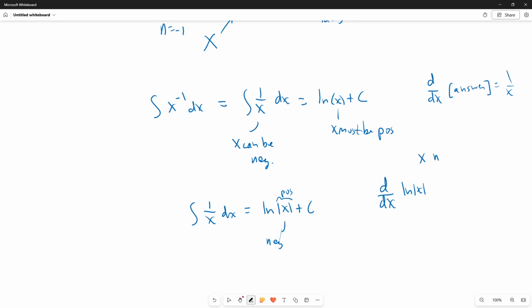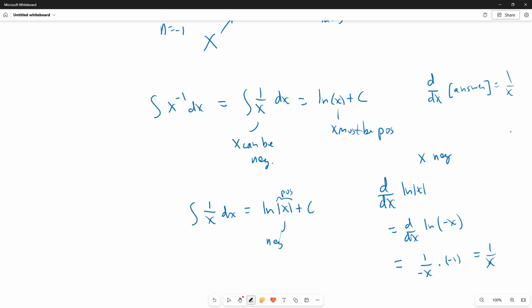So let's suppose x is negative. Then this derivative is simply the derivative of the log of negative x, because that's what the absolute value means if x is negative. And then from the chain rule, we get 1 over negative x times the derivative of negative x, which is negative 1, and the negatives cancel to give us 1 over x.